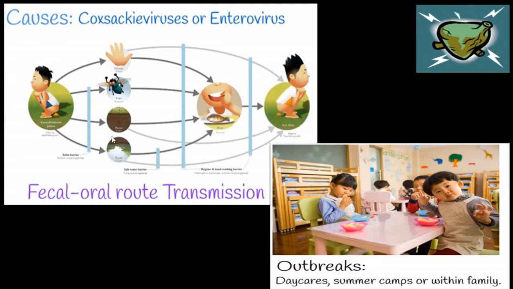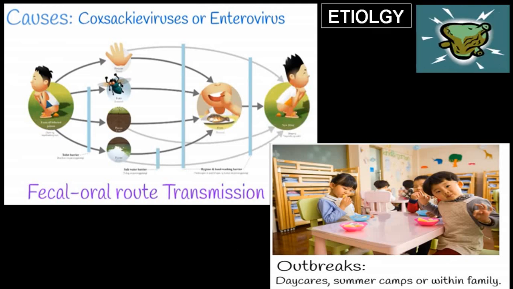Already in etiology we have mentioned Coxsackie virus or enterovirus, and the main route of transmission is the fecal-oral route. It is more common in daycare areas, summer camps, and within families, and we already mentioned that it is common in children under the age of 10 years, usually between 5 to 15 years.